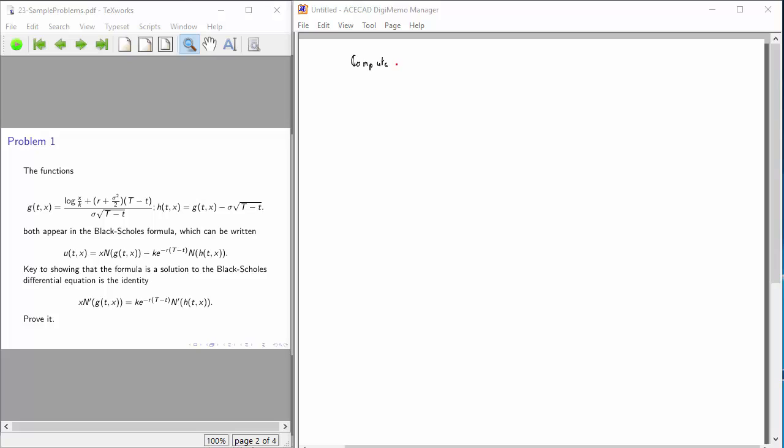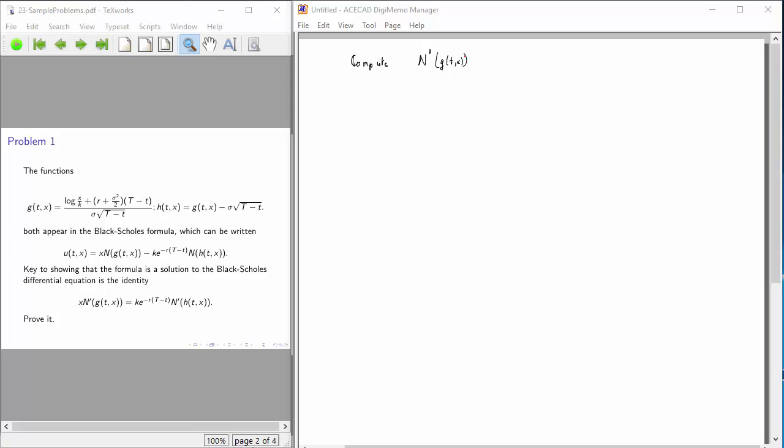If you look at the middle line in the statement of the problem, this u of t and x is the fair price of an option after time little t, which has to be smaller than capital T, has elapsed, given that the fair market price at that time is x. And when we differentiate that, we're going to get derivatives that involve N prime. So I want to compute N prime of g.